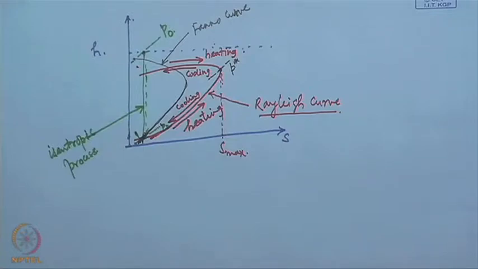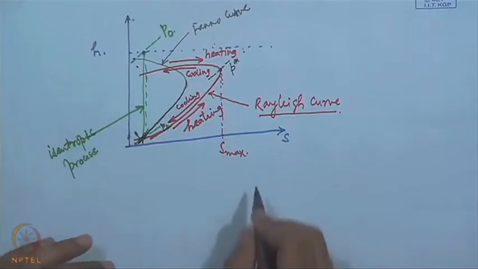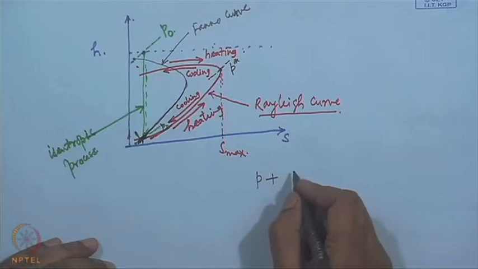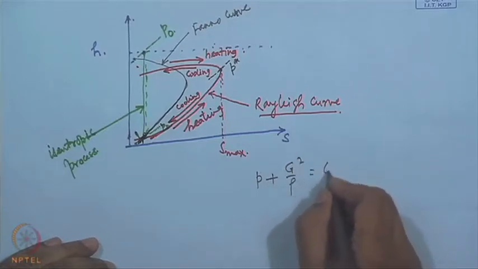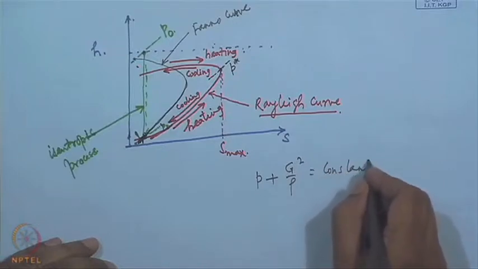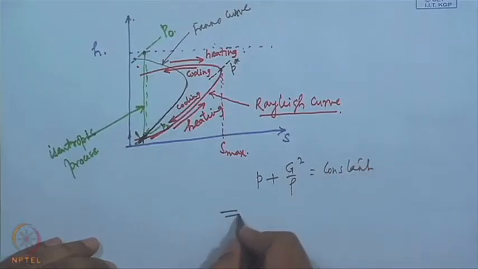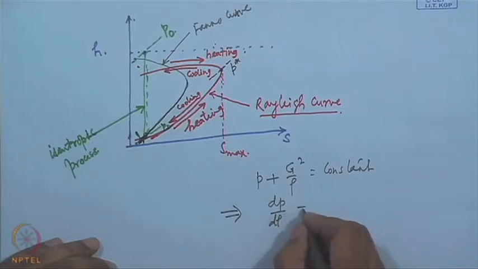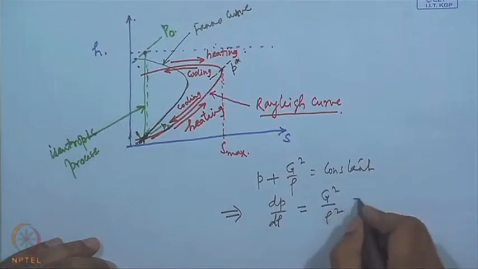Now, let us come back to the relation that we already had, that P plus g square by rho equal to constant, and this implies dp d rho equal to g square by rho square.